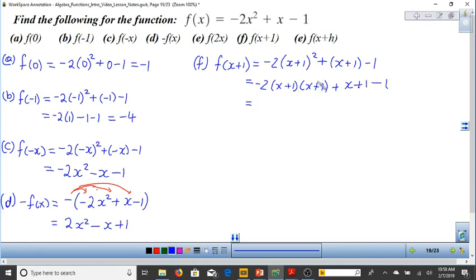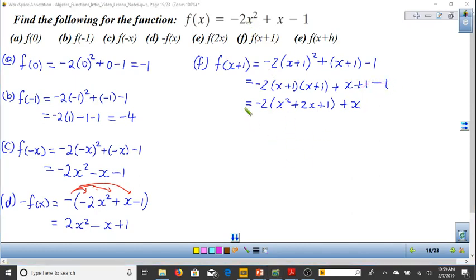So when I distribute, I get negative 2 times x squared plus 2x plus 1. And then I have my plus x here because it just turns out that this 1 and this negative 1 undo each other. So I continue here. I distribute my negative 2. I get negative 2x squared minus 4x minus 2 plus x.